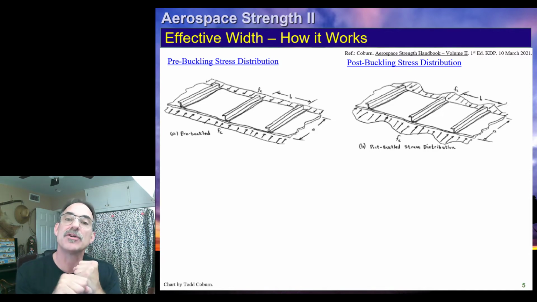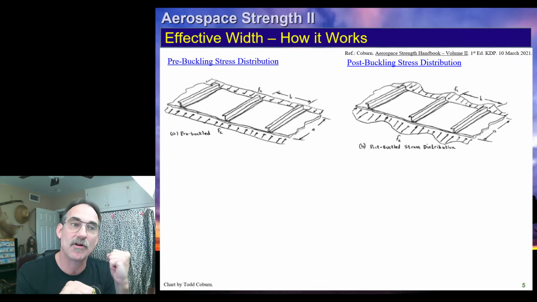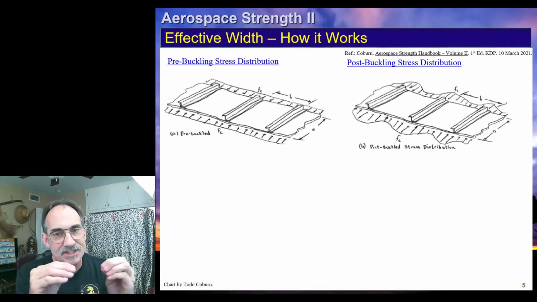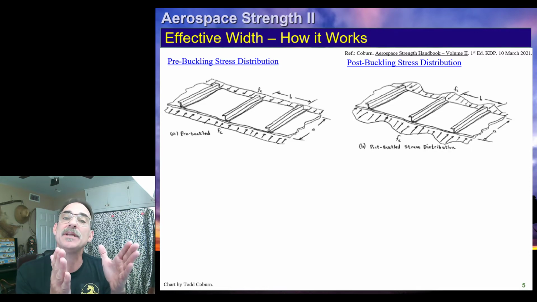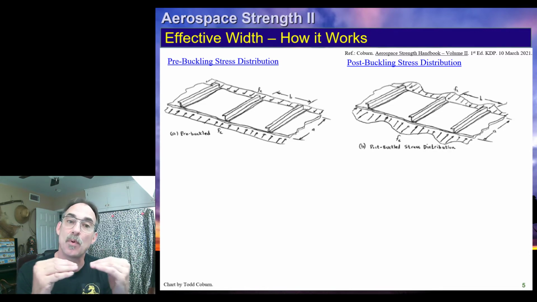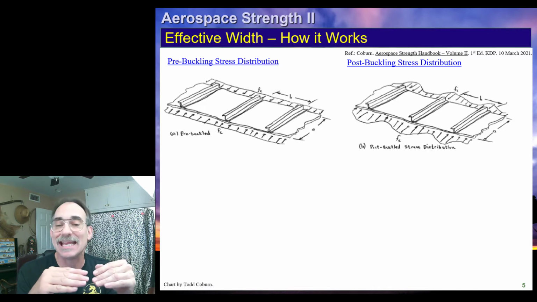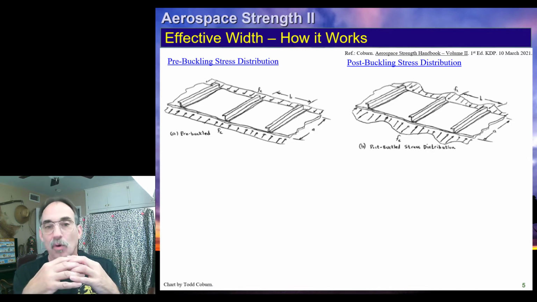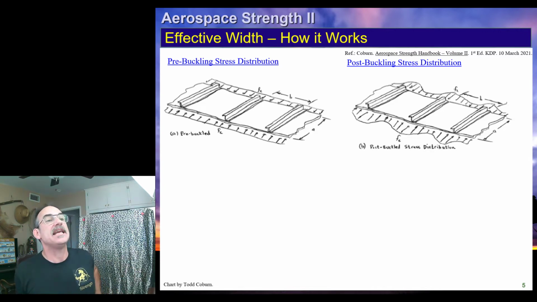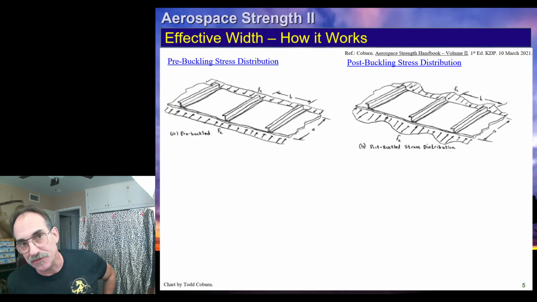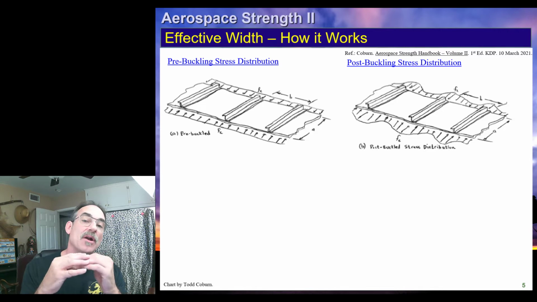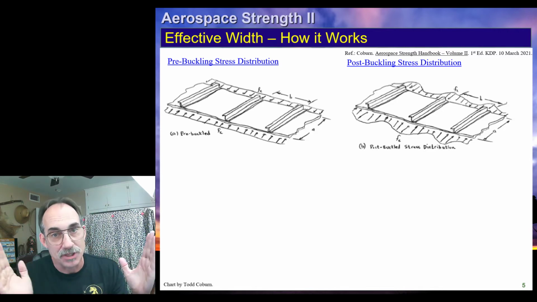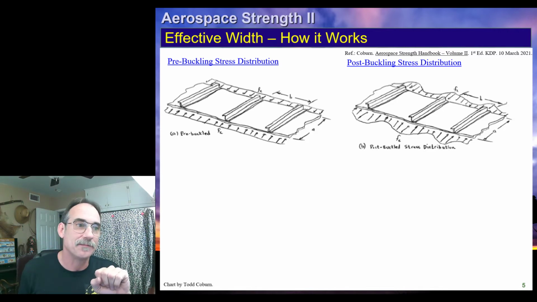So we're going to see the stringer stress increasing further and further, and the skin in the vicinity of the stringer increasing further and further, but the skin between the stringers, where it's not supported by the stringers, not carrying the same proportion of increasing load. So we'll see a nonlinear distribution of stress develop in the skin as the skin near the stringer picks up load, but the skin between the stringers doesn't.